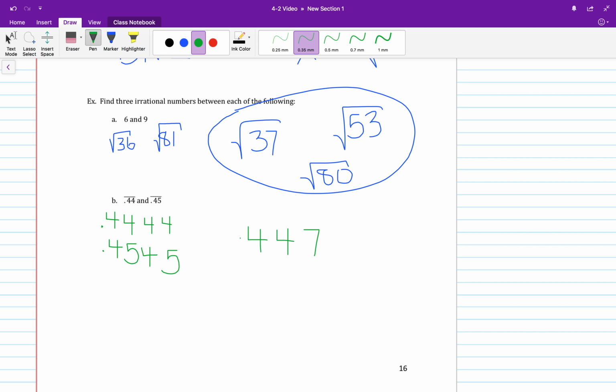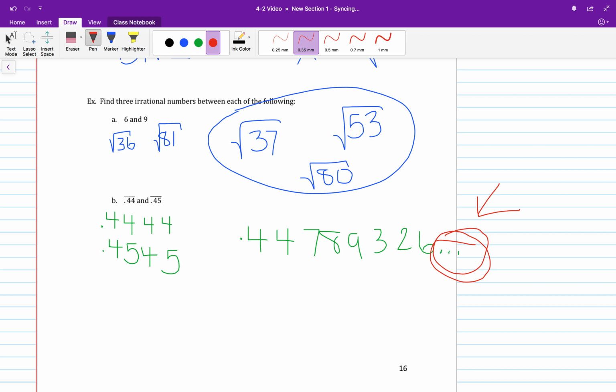And to be irrational, it can't have any patterns. So I can come up with whatever crazy thing I want after this. 8, 9, 3, 2, 6. And then I want to make sure and show that I know irrational numbers continue on forever and ever. So I'm definitely going to put this ellipsis here at the end. Do not forget that. If you forget it, then this becomes a rational number.